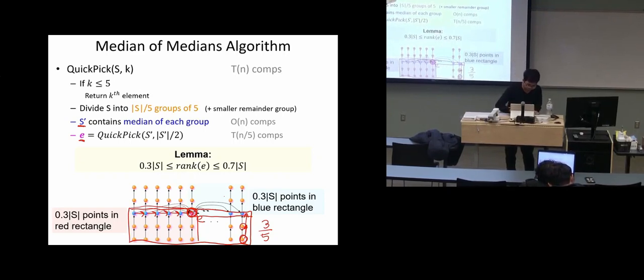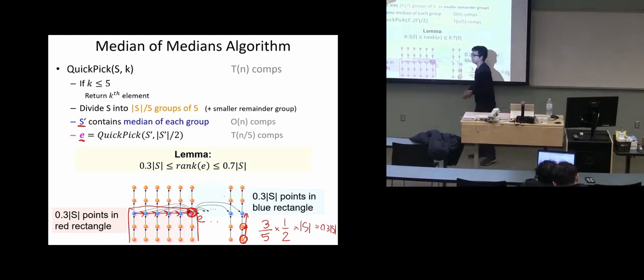So the red box has size at least 3/5 times 1/2 times S, and that's 0.3 S. The same argument goes for the blue box. So both the red and blue rectangles are big.